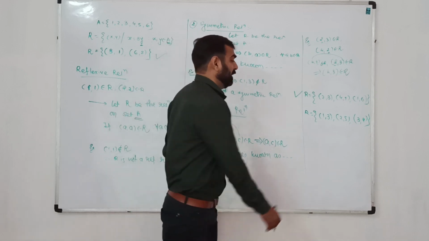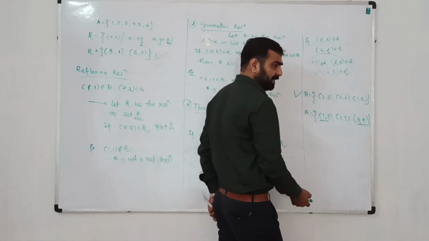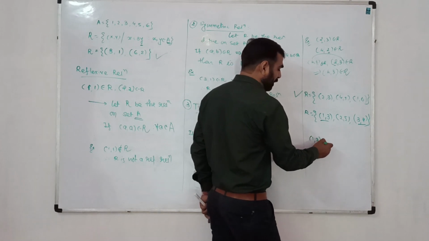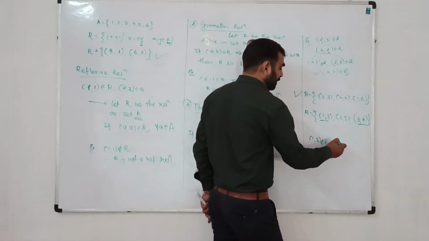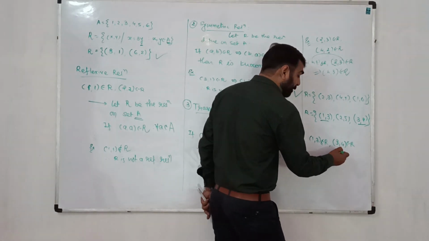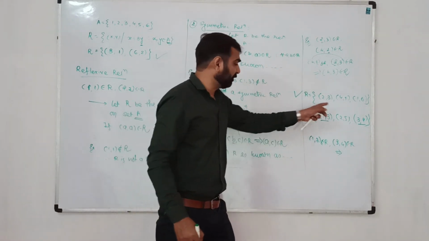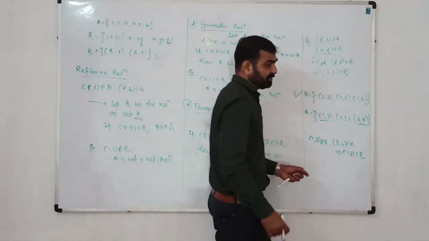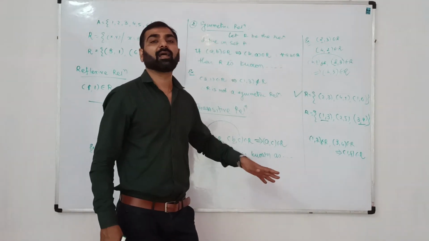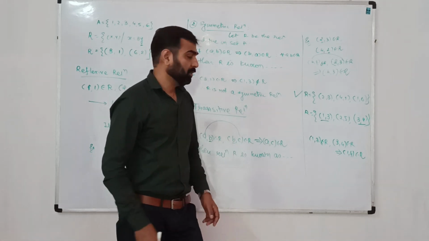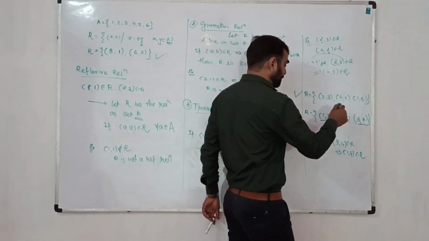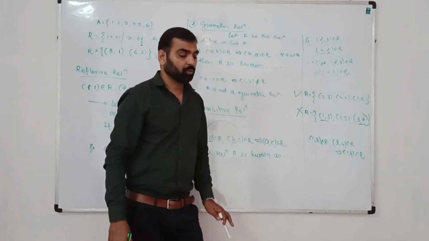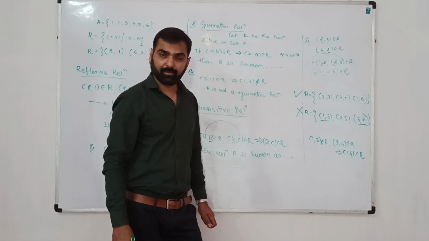No, because (1, 3) is there, (3, 4) is there. (1, 3) belongs to R, (3, 4) belongs to R, that implies (1, 4) should belong to R. If it is not there, then it is not transitive. So here (1, 3), (3, 4) is there, so (1, 4) should be there, it is not, that's why it is not a transitive relation. So this is the fundamental of the transitive relation.